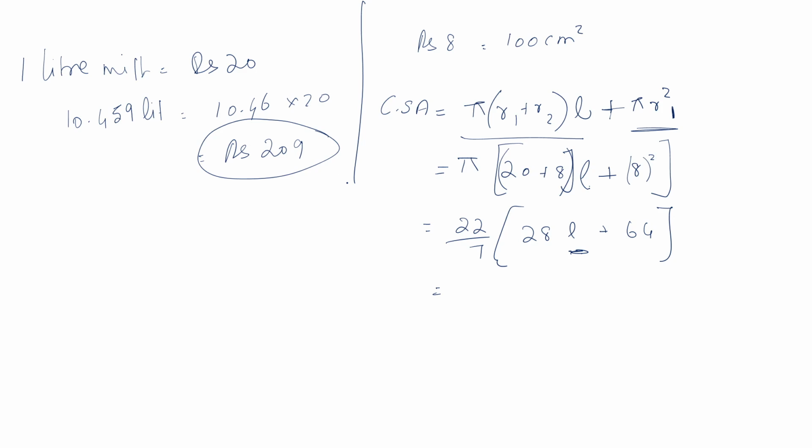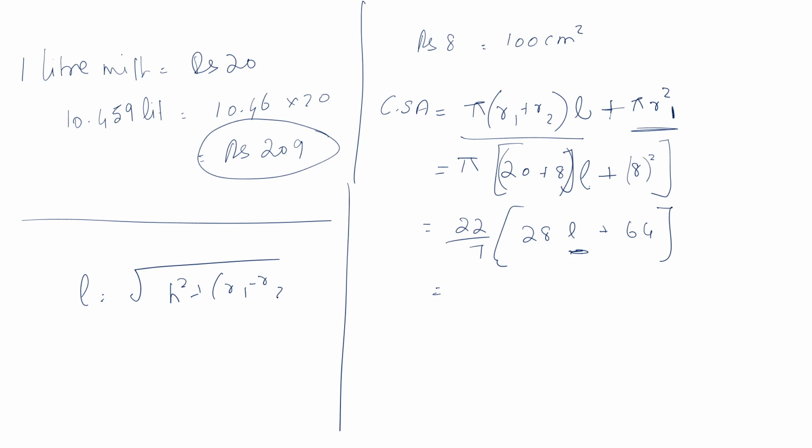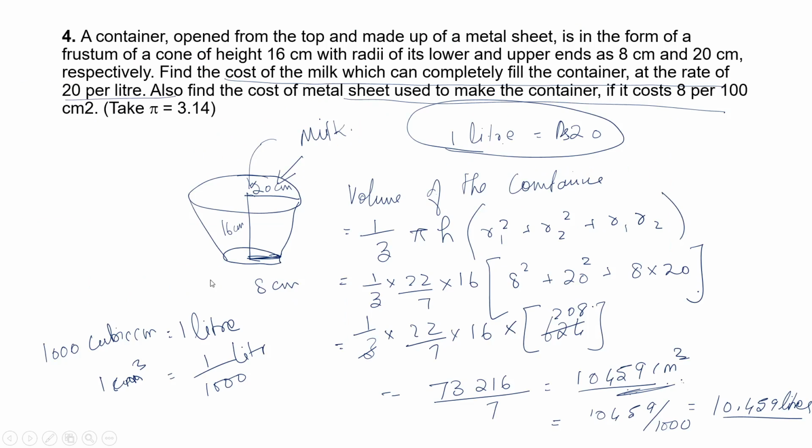What is the formula for finding L? Slant height L is equal to square root of h square plus (R1 minus R2) whole square. Is h given? h is given as 16.